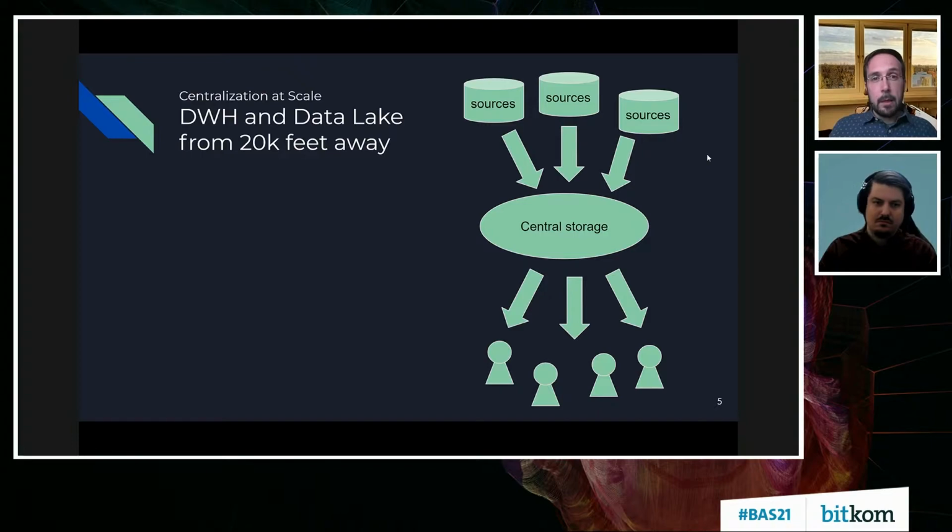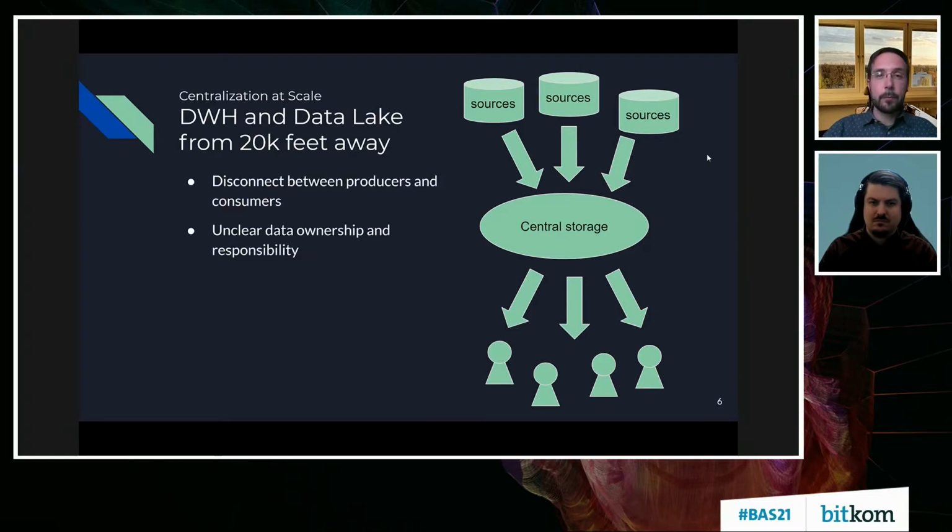Similarly, the pain points that we see are also very similar, no matter whether you have a data warehouse or a data lake setup. For instance, something that we see really often is that there is a disconnect between producers and data consumers.